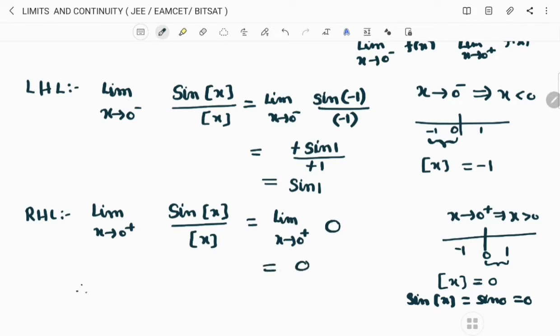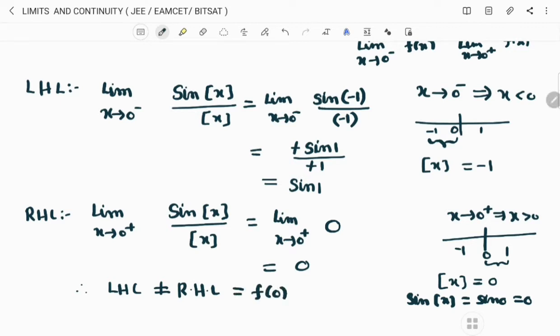So therefore, 0 by anything is 0. Limit x tends to 0 minus f of x is not equal to limit x tends to 0 plus f of x. That means left hand limit and right hand limit are not equal, but the right hand limit value is equal to 0.